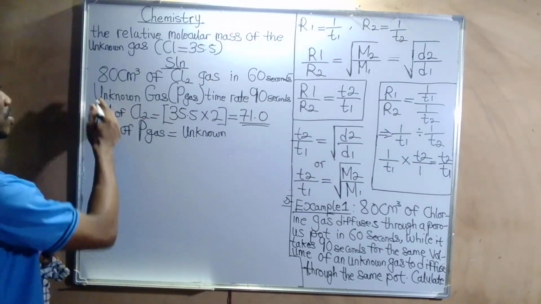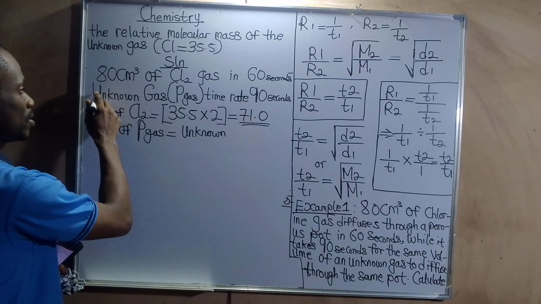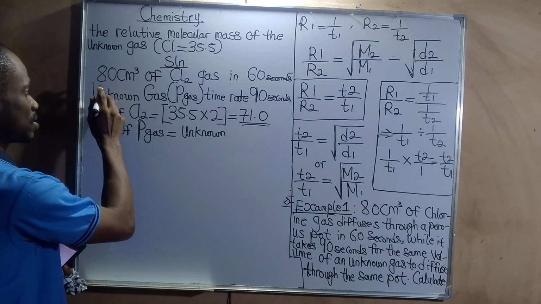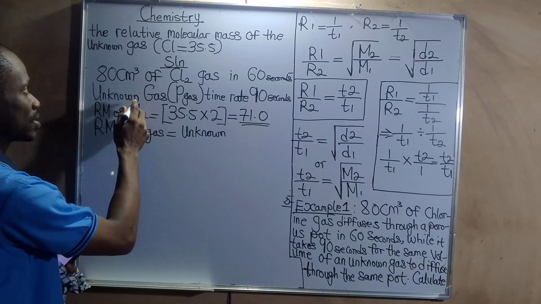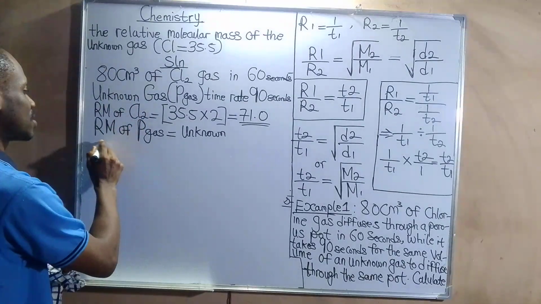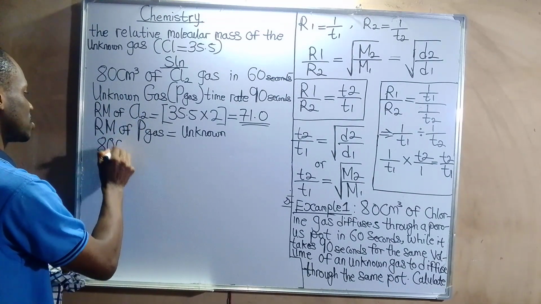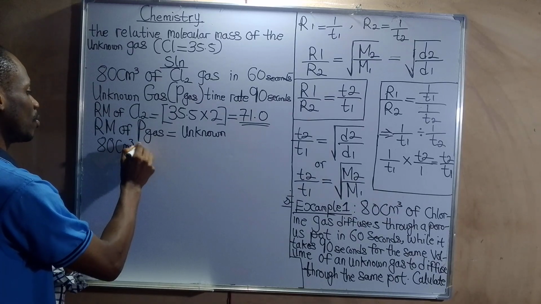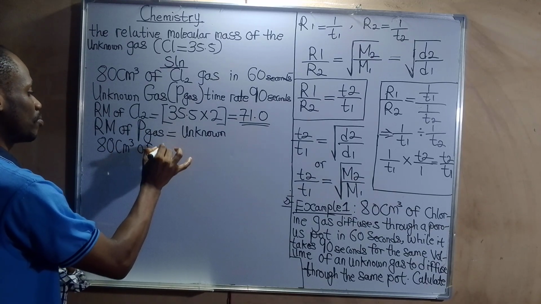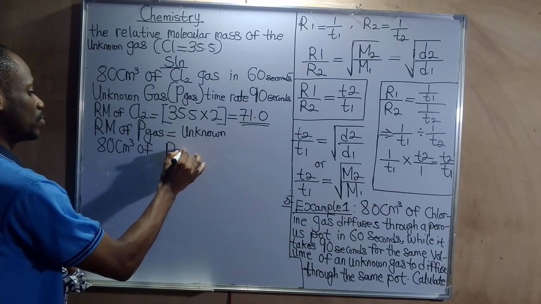So we're given the same volume: 80 centimeter cube of chlorine gas diffuses through a porous pore in 60 seconds, and the same volume of unknown gas, P gas, takes 90 seconds. So I'm supposed to still write 80 centimeter cube here. What we are looking for is the time rate. So 80 centimeter cube of the same P gas, which is the unknown.